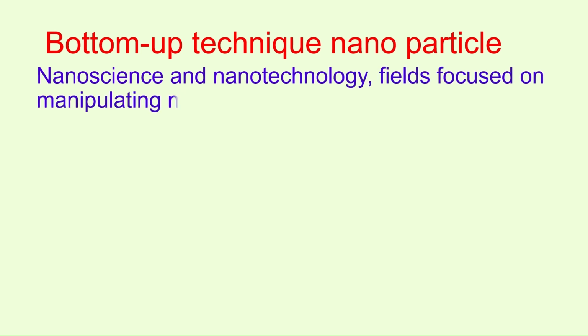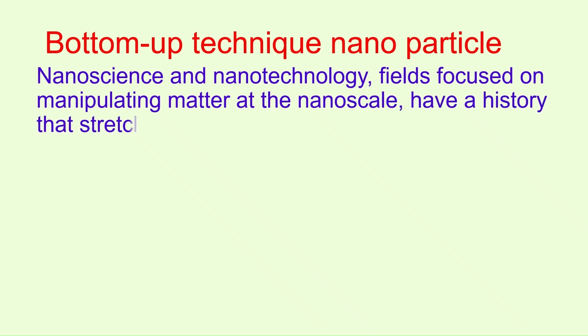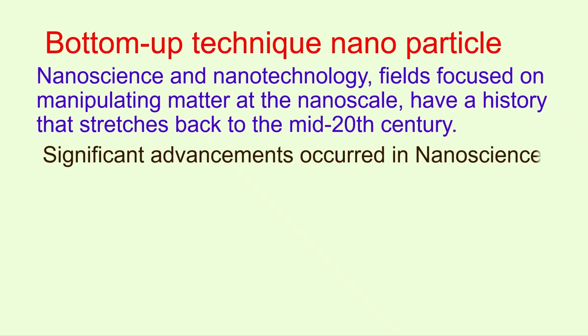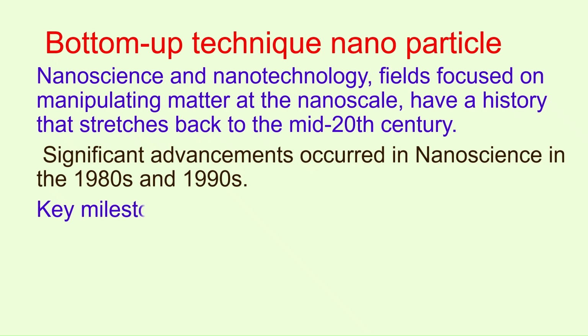Bottom-up technique to make nanoparticles. Nanoscience and nanotechnology, fields focused on manipulating matter at the nanoscale, have a history that stretches back to the mid-20th century. Significant advancements occurred in nanoscience in the 1980s and 1990s.